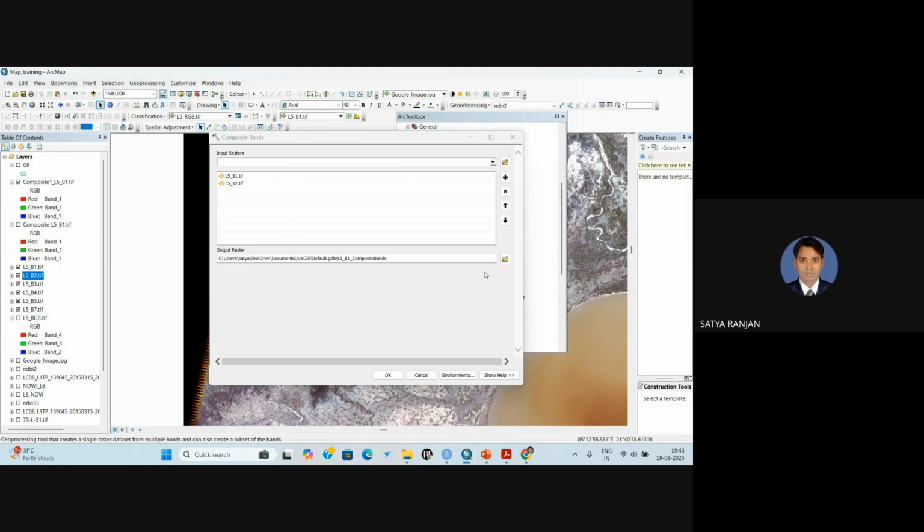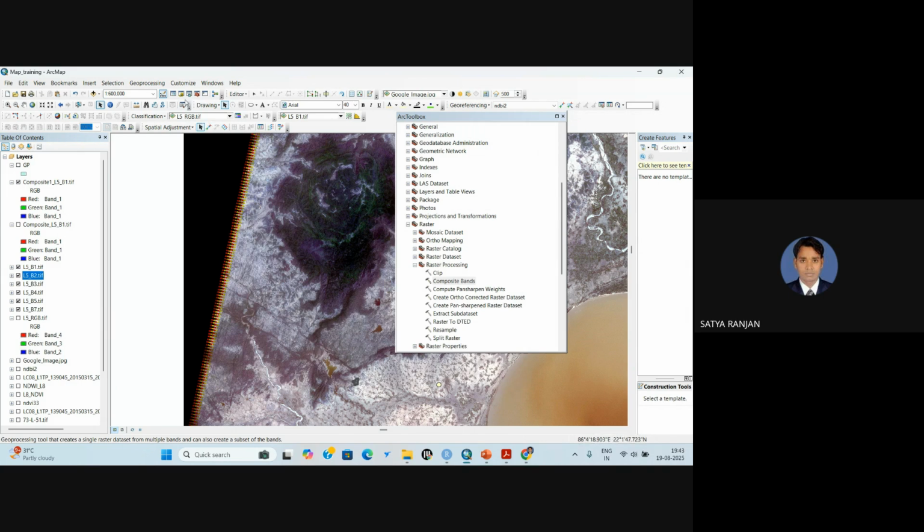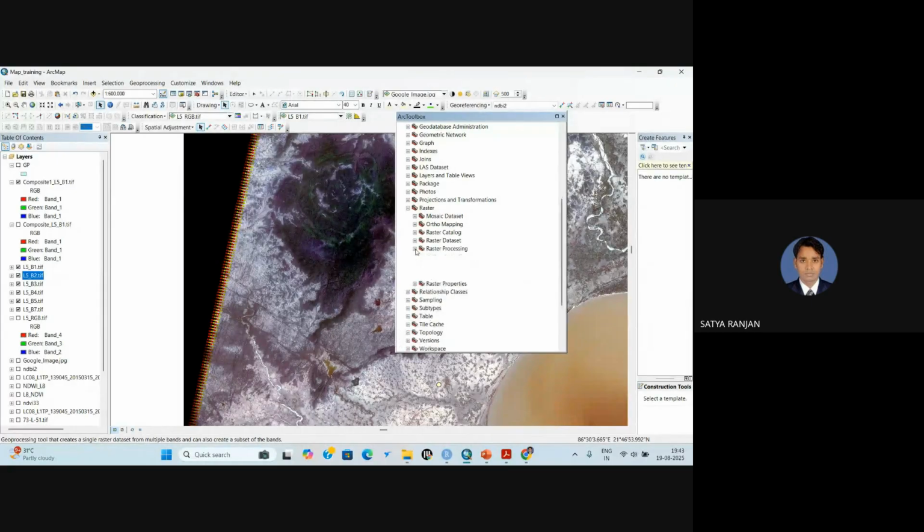Then it creates an output raster. So it is a direct tool to quickly create this composite band. In the toolbox, we have to go to the Data Management tool, then Raster, then Raster Processing and Composite Bands.